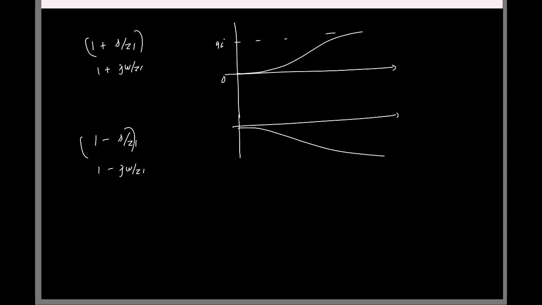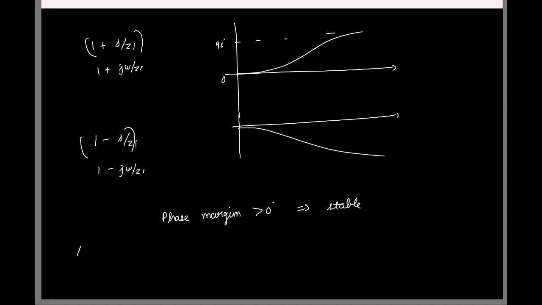So the takeaway is this, right? If you want to comment on stability from a Bode plot, the only thing you need to look at is phase margin. Okay, if the phase margin is greater than 0, then you can say the system is stable.